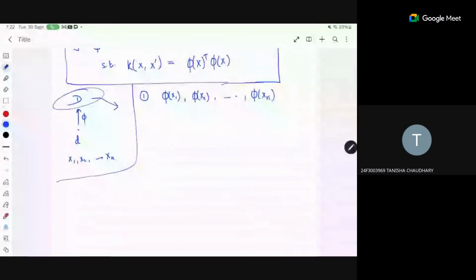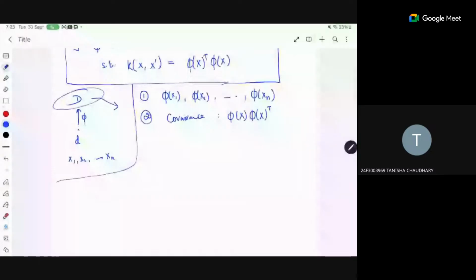If this is my data set now, then what should we do? I should find the covariance matrix, which should be what? Which should be phi of x transpose, right?